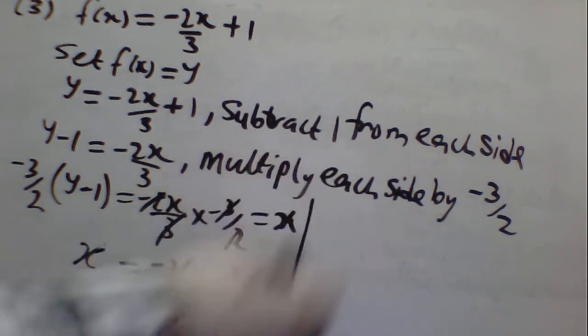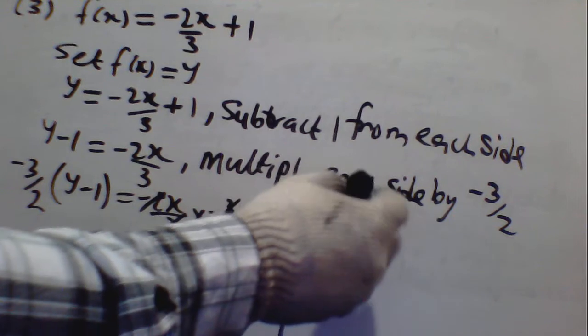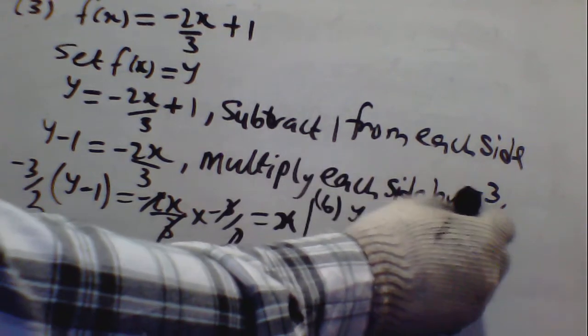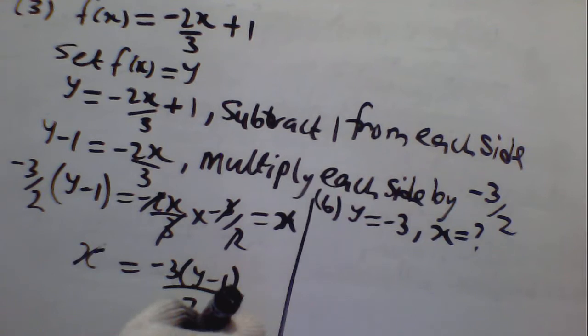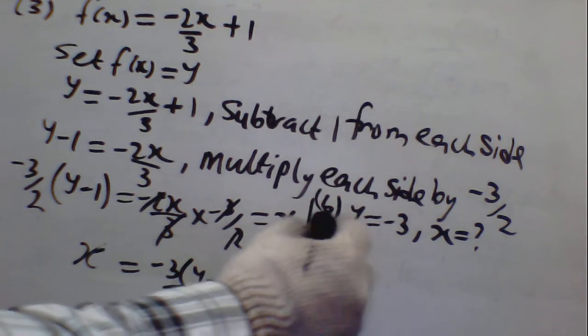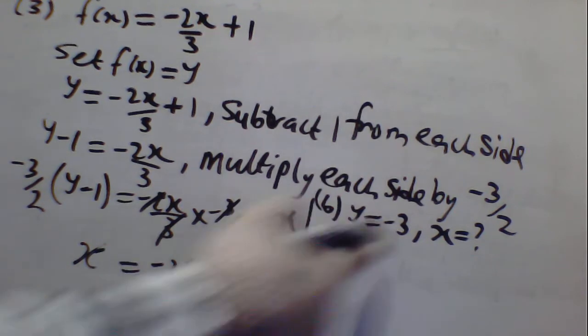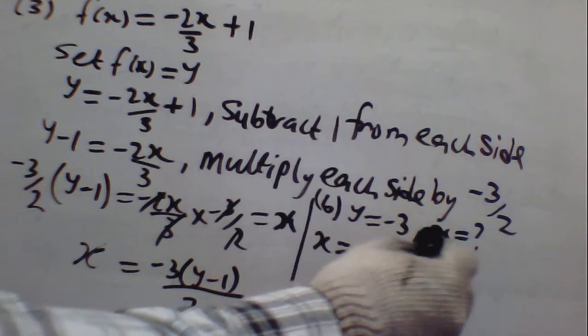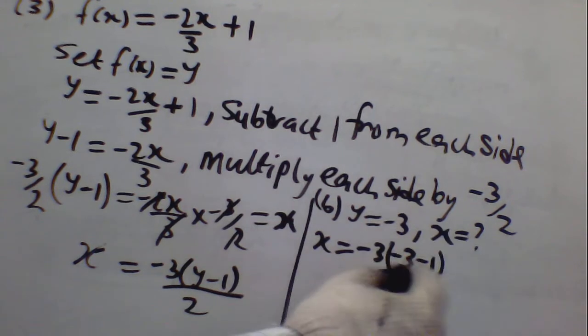The second question, given that y is equal to minus 3, find x. x is equal to what? So from here I have x equals to, wherever I see y, I put minus 3. Minus 3 in bracket minus 3 minus 1 over 2.